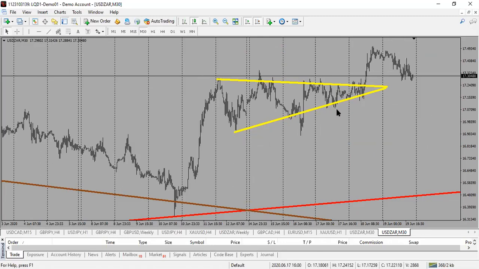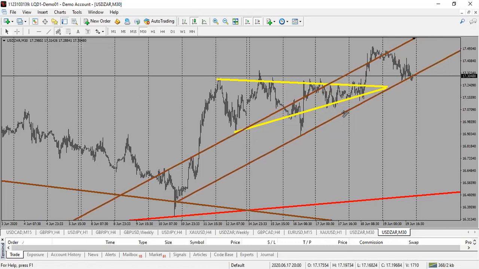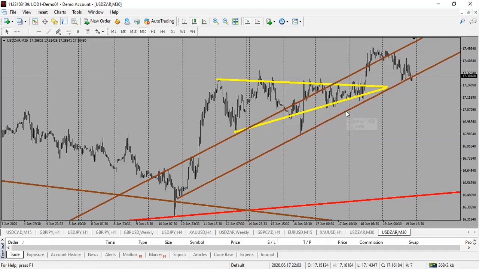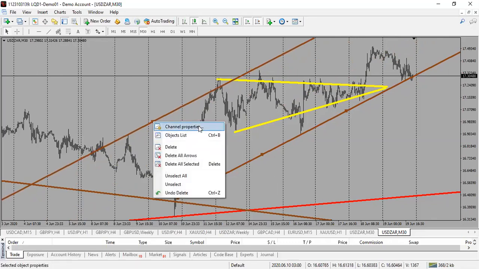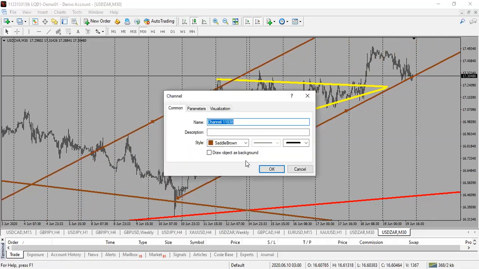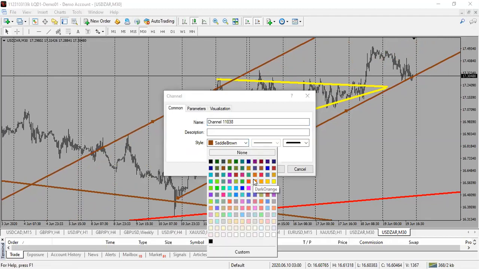Okay, another trend line, another wedge, then another trend line, of course. See another trend line. We put it like that. We'll give it another color also. There you go. Let's make it, what color can we? Okay, let's make it white.